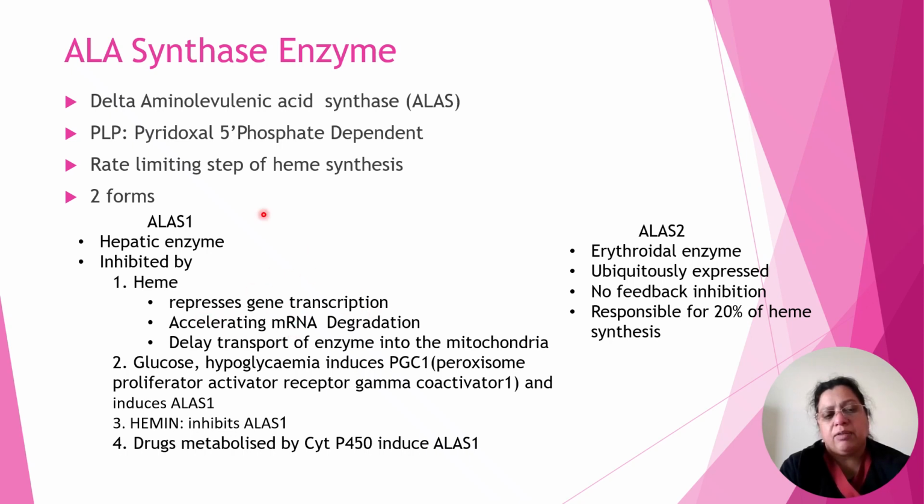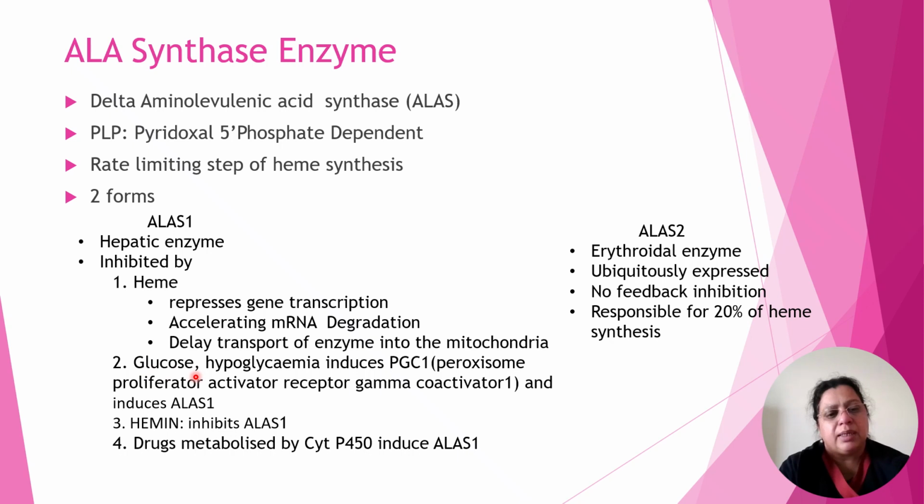So the mRNA for ALAS1 synthesis is degraded very fast, and heme also delays the transport of the formed enzyme into the mitochondria, because remember the first step occurs in mitochondria. So heme, the final product of the porphyrin synthesis, delays the transport of the enzyme back into the mitochondria. Since it is not there, it is not available for action.